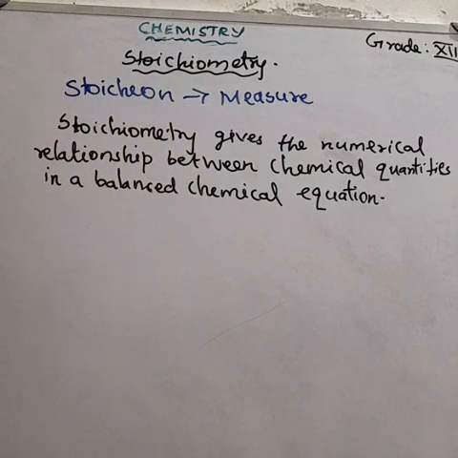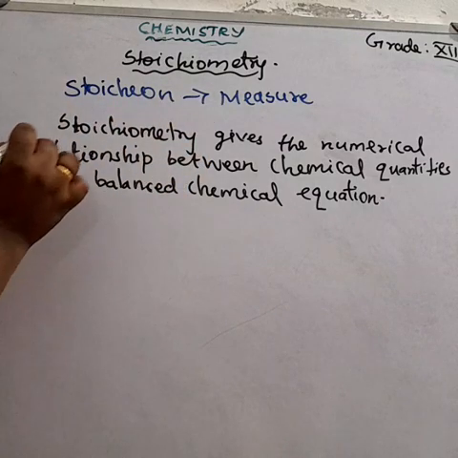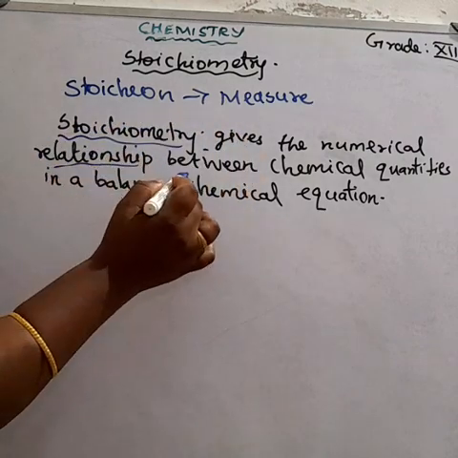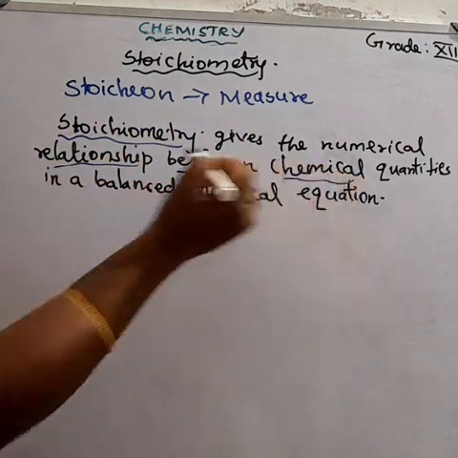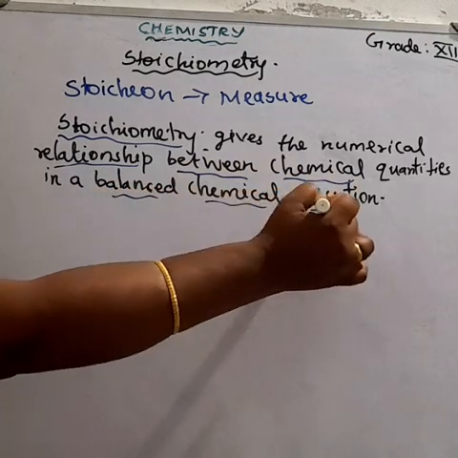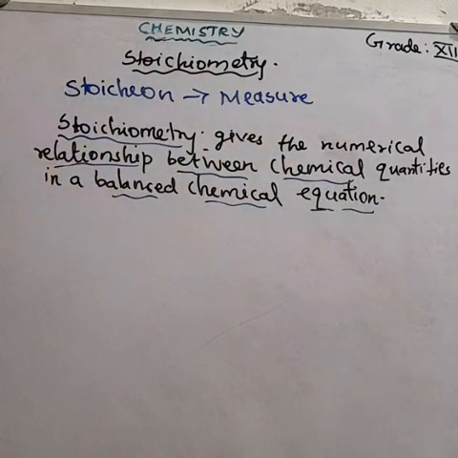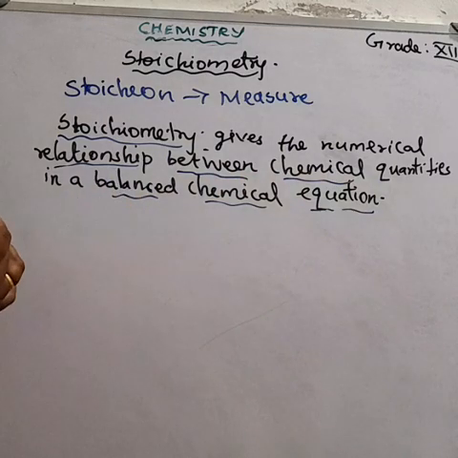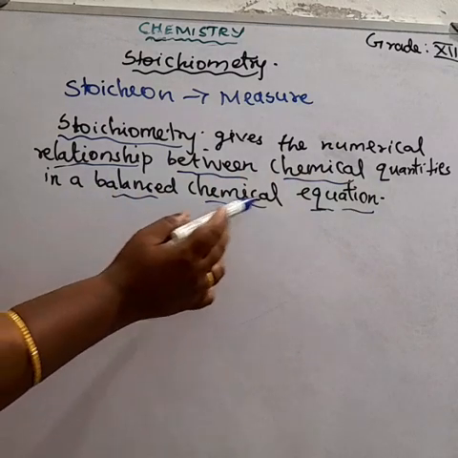That is, stoichiometry gives the numerical relationship between chemical quantities in a balanced chemical equation.